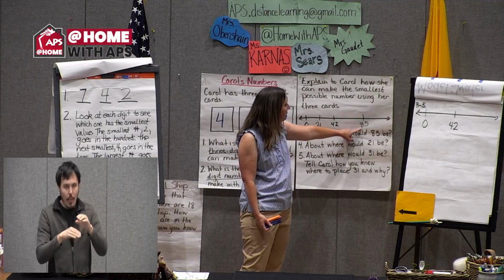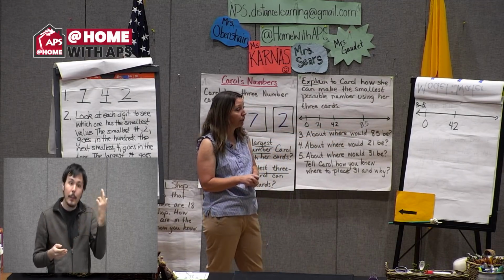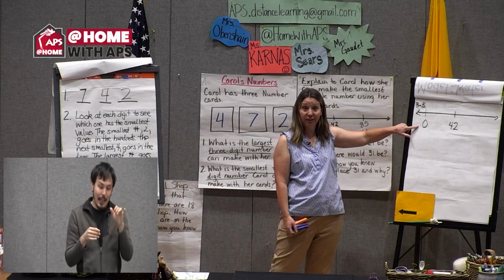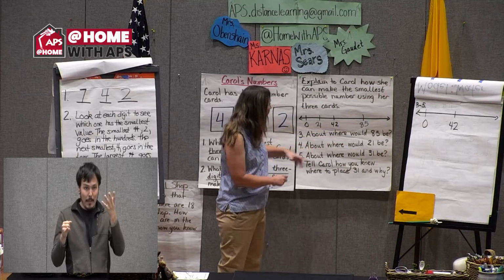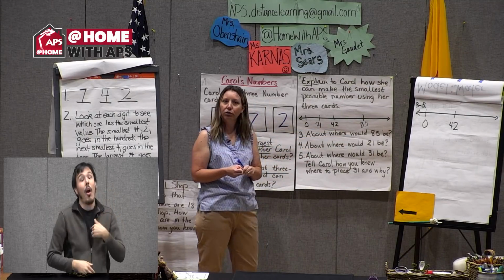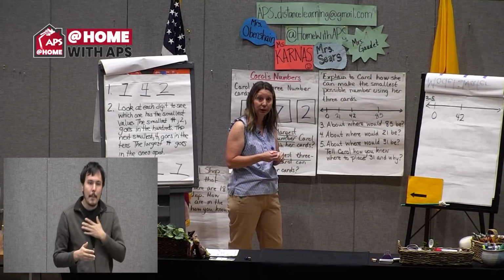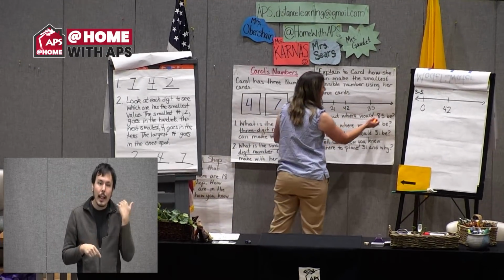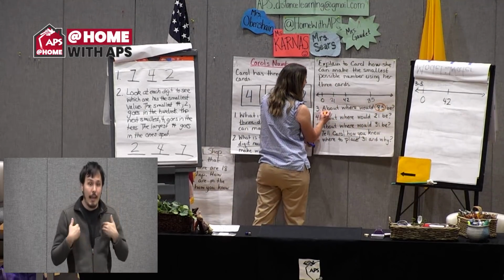We went ahead and placed it here, since the only thing that the number line had for us was this 42. This is a good example of the original number line. Then it asked, and I forgot to, did you guys notice that? I had forgotten to mark up what I was supposed to be doing last time. So let me go ahead and fix that. I knew I had 85, and it says about where.